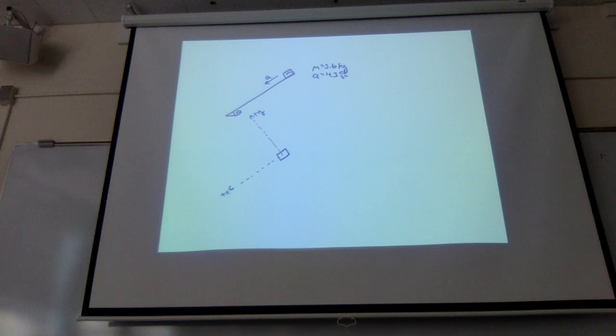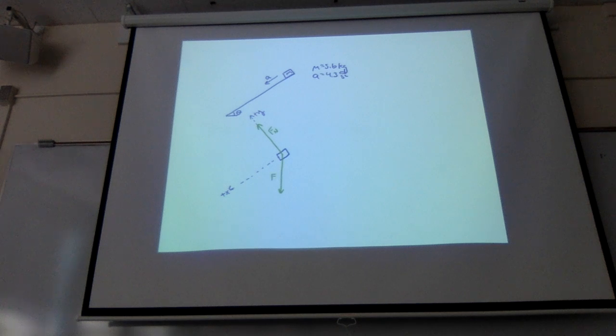Then we have to figure out which forces are acting on the box. Can you name one? Normal force. We hope the normal force is there. We want to find it. Normal force is perpendicular to what it's resting on. What else? Gravity. Gravity points down every time.